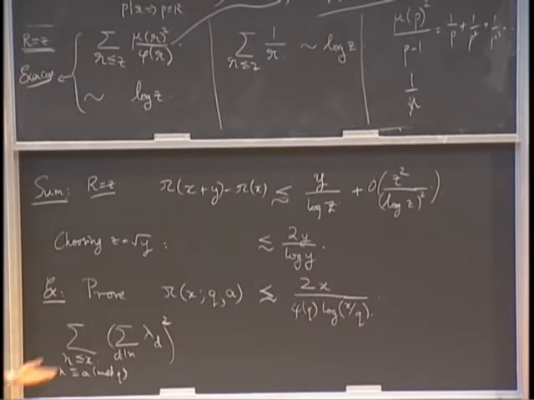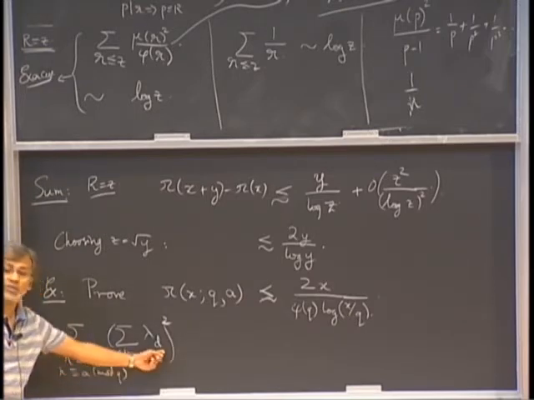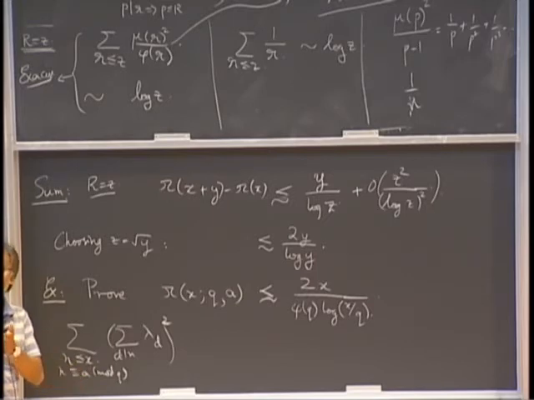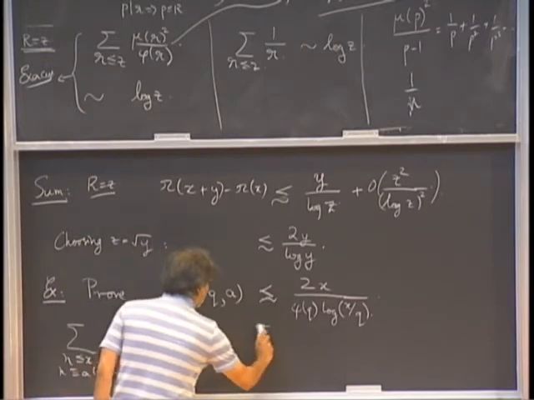But that's no big deal. Expand the square, interchange the sums. Then what's the problem that you have? It would be how many integers are there up to x in an arithmetic progression mod q, with n being a multiple of the LCM of d1 and d2. So that's the bottom line that you have to count.